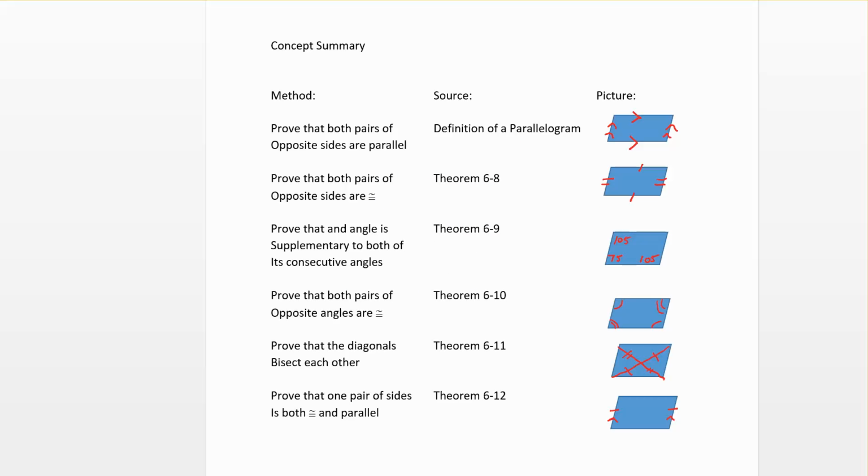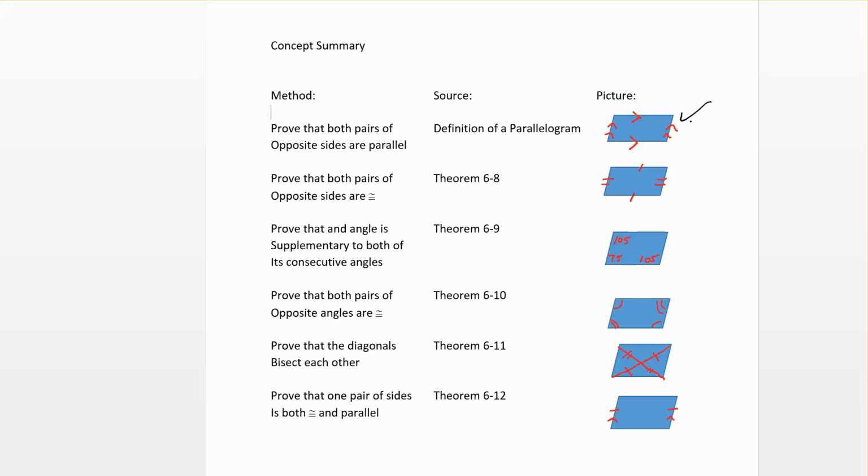So what we can do is organize these six ways to show that a quadrilateral is a parallelogram. I organized them into kind of a summary here. One, we can prove that both pairs of opposite sides are parallel. If we do that, we're using the definition of a parallelogram, and the picture to the right illustrates that.